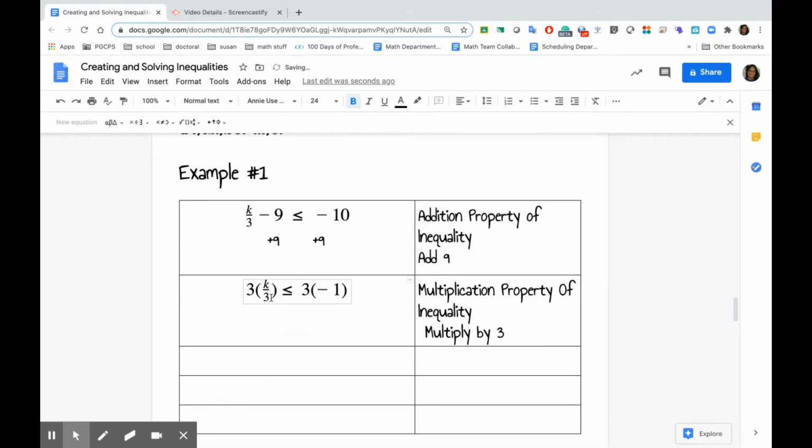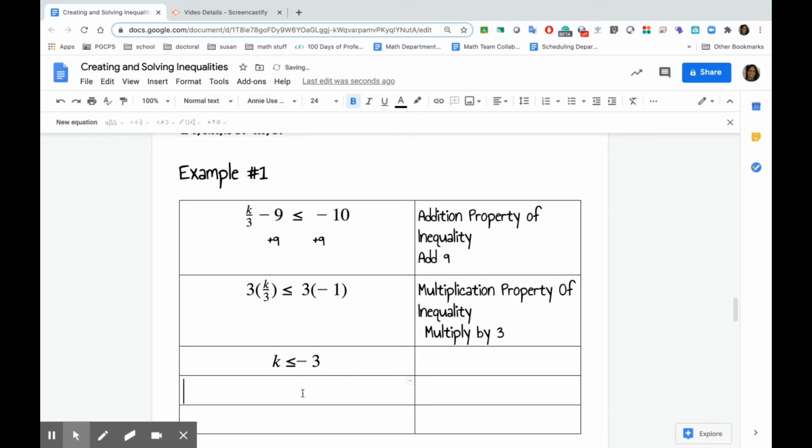Now, 3 times K over 3 will become K. So it will become K less than or equal to negative 3. So now the solution to this inequality will be all real numbers that are less than or equal to negative 3.